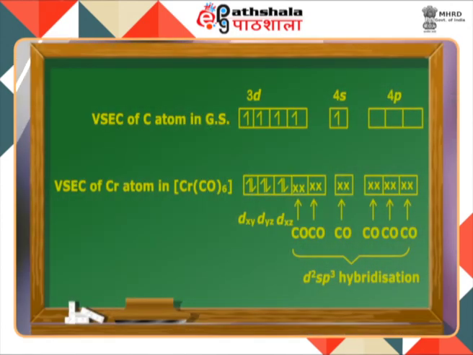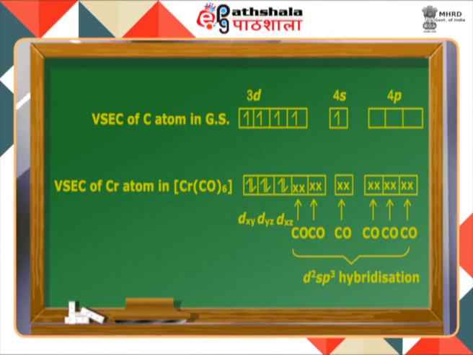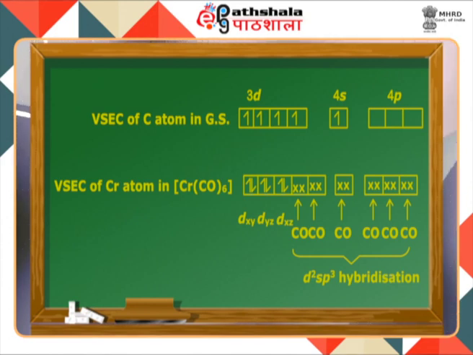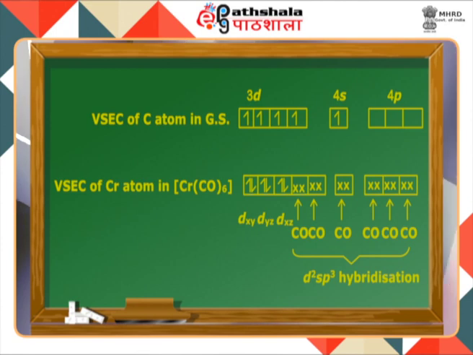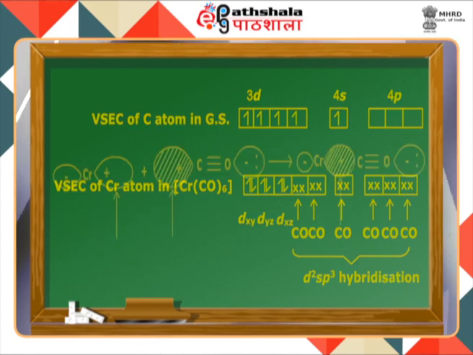Let us illustrate the nature of bonding in linear MCO linkage taking the example of chromium carbonyl complex. This complex has octahedral shape arising from d2sp3 hybridization on chromium atom. You can see the valence shell electronic configuration of carbon as well as chromium atom.